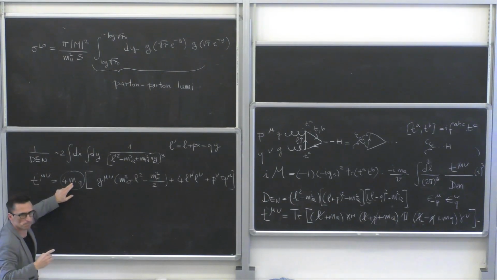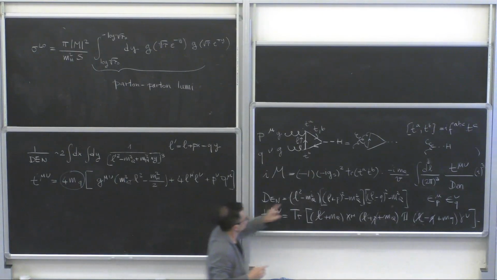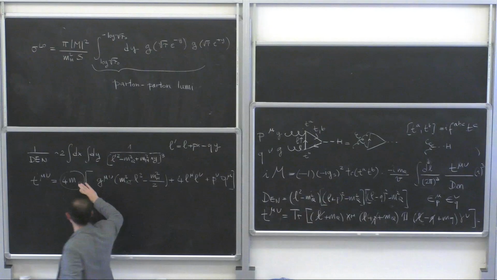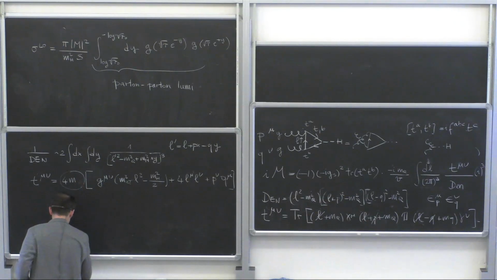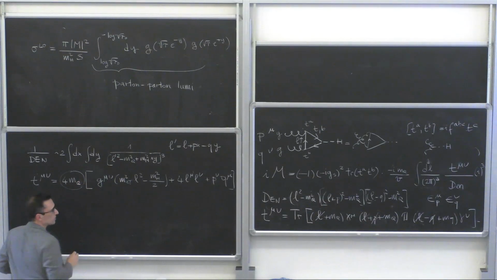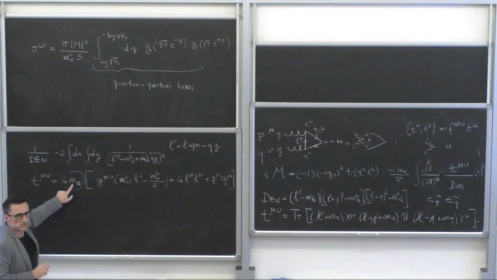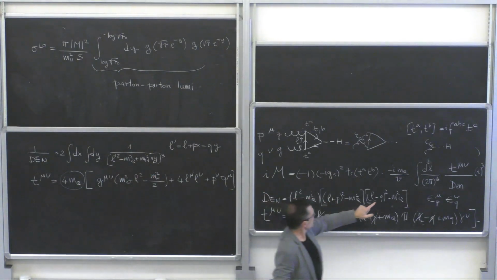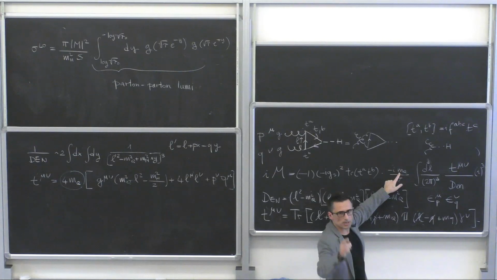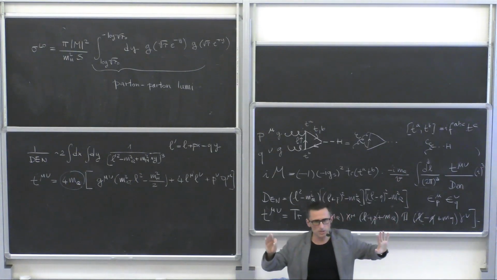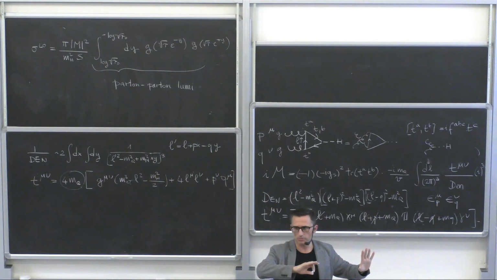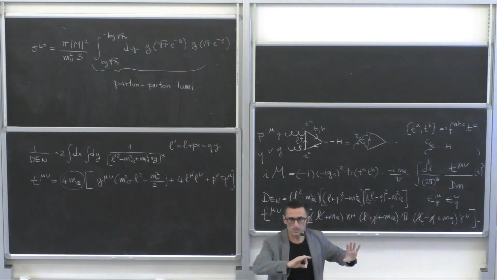This mass is not this mass. Not because I made a mistake and I call it small q, right? But because this is the kinetic mass in the loop. This one is the Yukawa coupling, which I rewrote in terms of the mass. Now, in the standard model, it's the same, right? Because the Yukawa coupling is the same as the mass term.